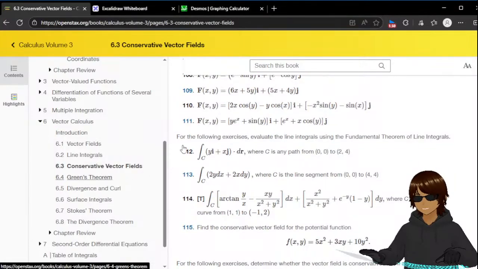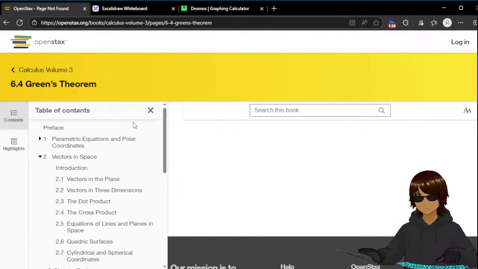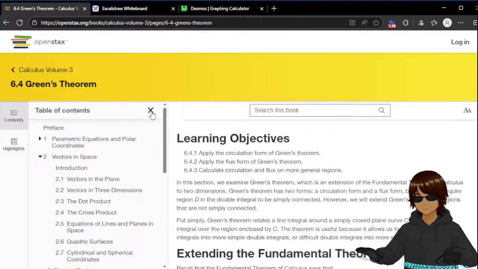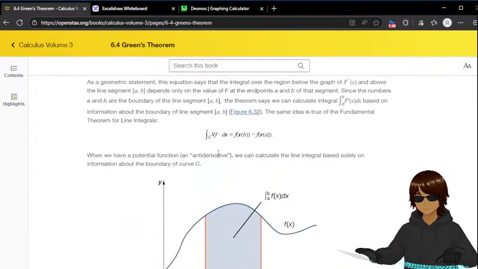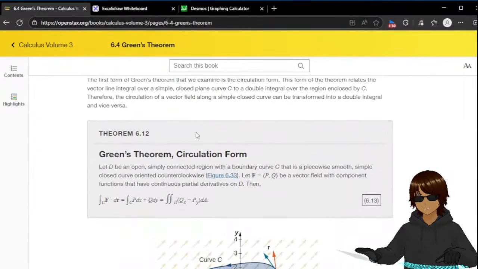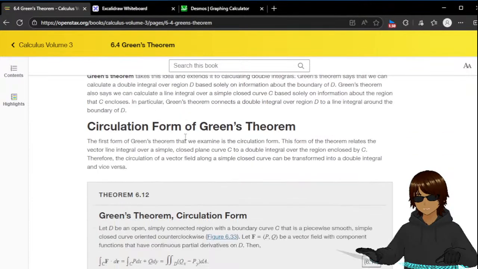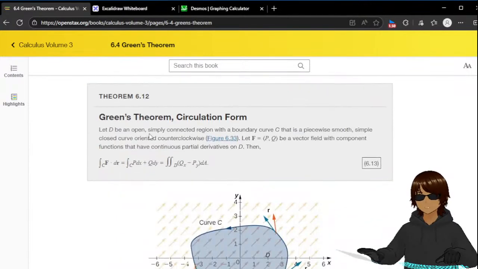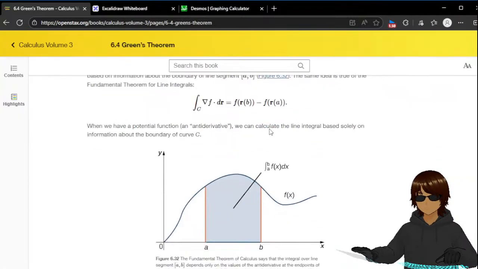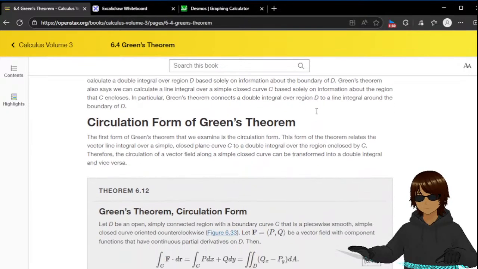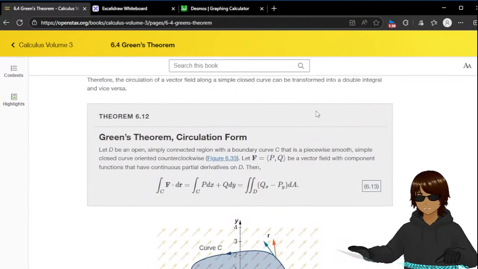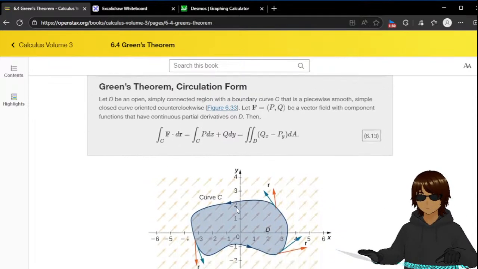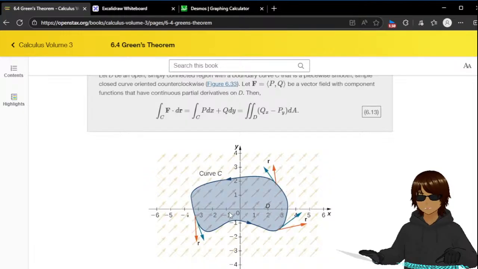Yep. So let's study Green's theorem. We studied this last time. Let D be an open, simply connected region with a boundary curve C that is a piecewise smooth, simple, closed curve oriented counterclockwise.